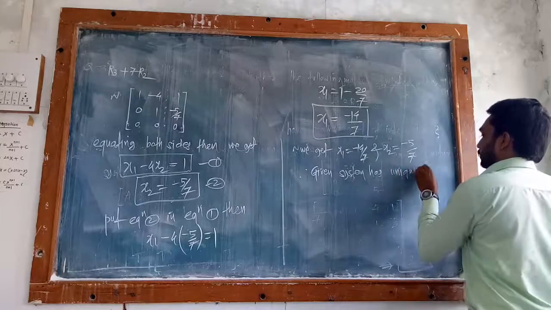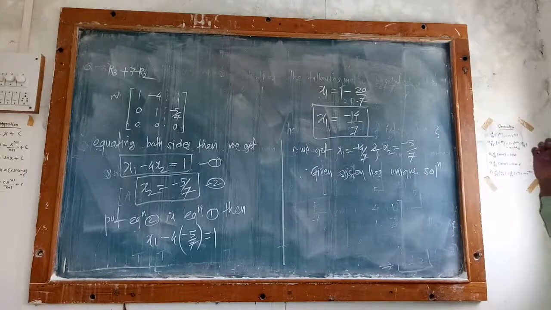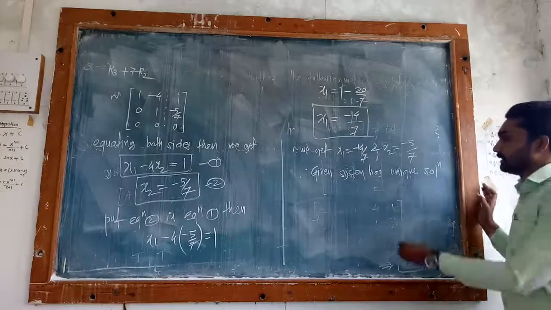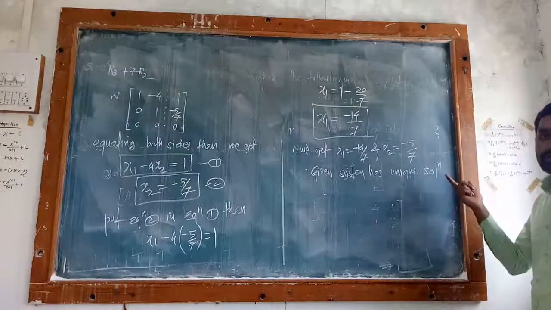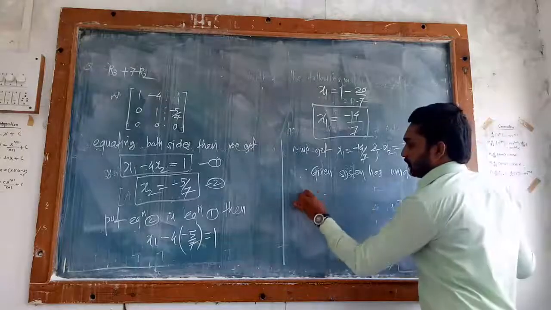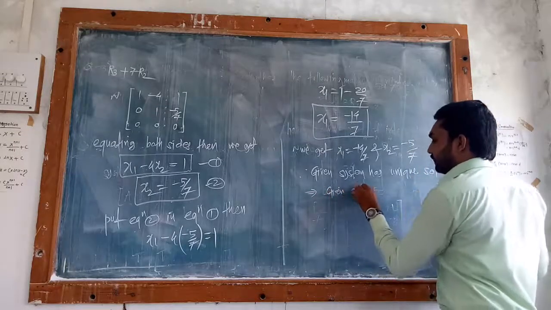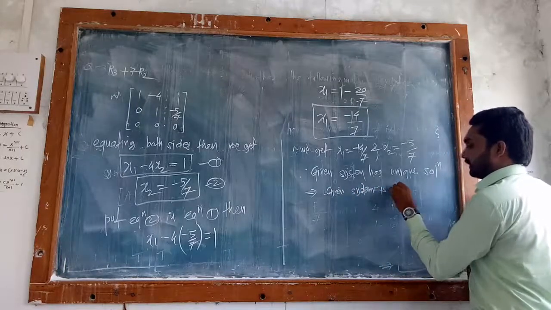Or after putting these values, we get both equations satisfied. That means the given system has a unique solution. Therefore the given system is consistent, right?